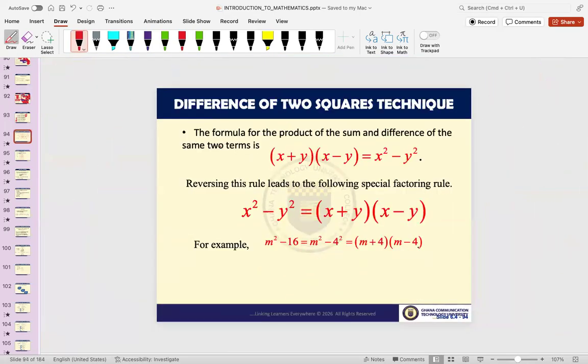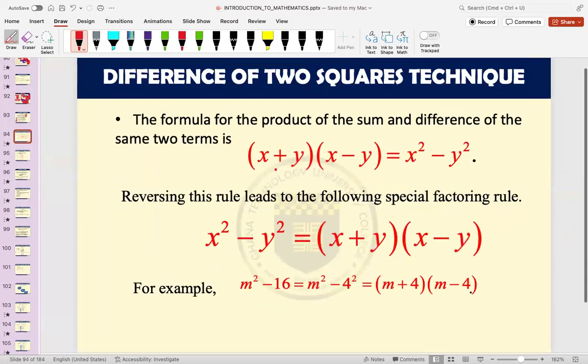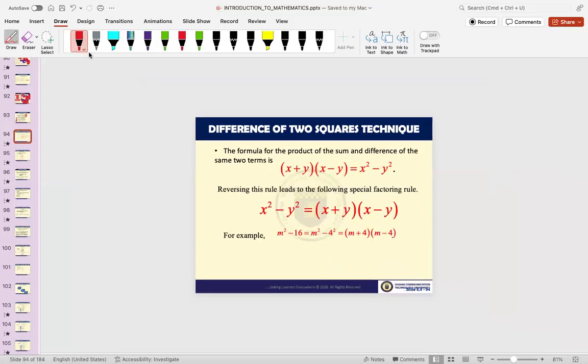Let's now move to the next technique we want to learn today. Now, our second technique for the day is a very interesting technique. Remember my preamble. My preamble was that we are learning how to package. In this case, we are packaging numbers.